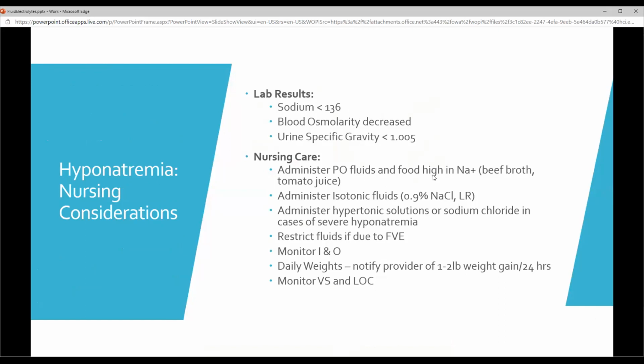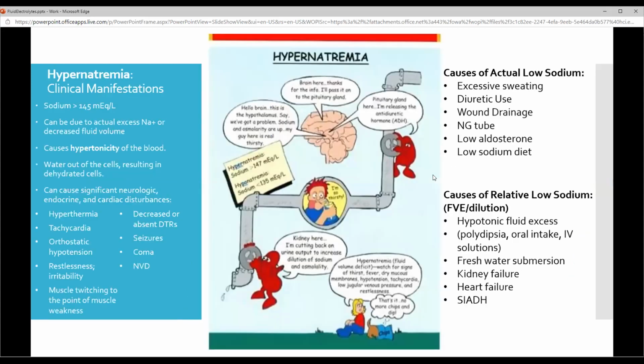Everything's watered down. So you're going to teach them about diet, foods that are high in sodium. You're likely not going to administer hypertonic solutions unless it's more severe. Nine times out of ten, you're going to give isotonic solutions. But if it were a severe case, you may give hypertonic solutions. And then again, restrict fluids, just like we talked about with volume excess.